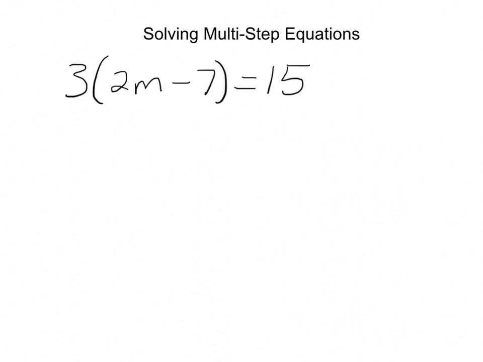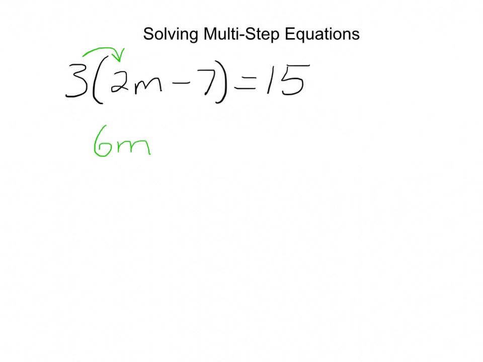So I'm going to be taking my value of 3 and I'm going to multiply it by both the 2m and also by the negative 7. So when I multiply across, the first step was 3 times 2m. If we multiply 3 times 2m, we get a value of 6m.